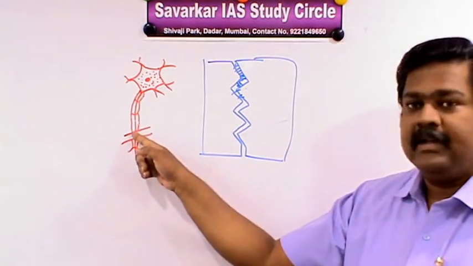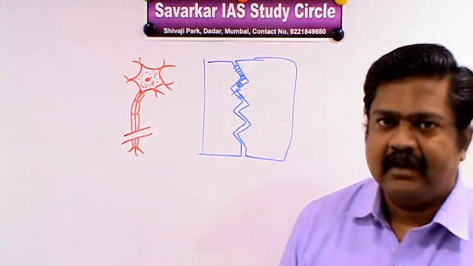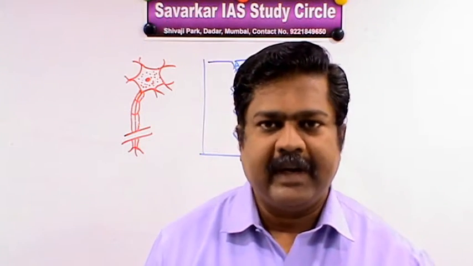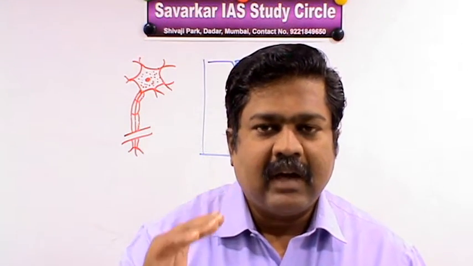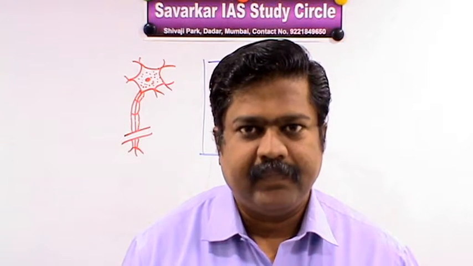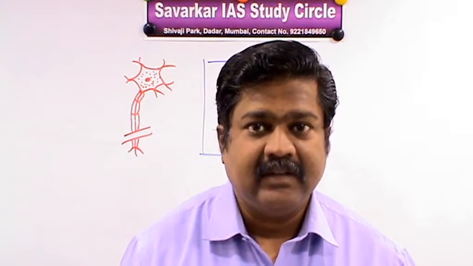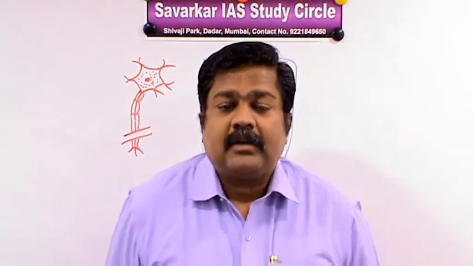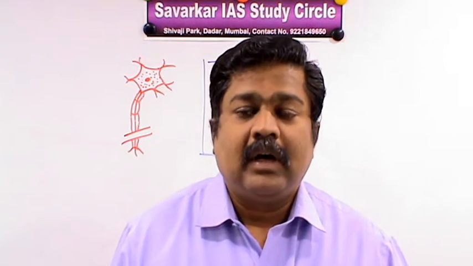The white part is inside, and that's why, if you observe the brain, the grey matter is outside and the white matter is inside. This is the situation of the brain. Now, these wrinkles are called gyri and sulci.